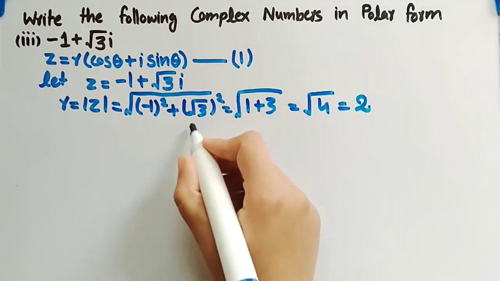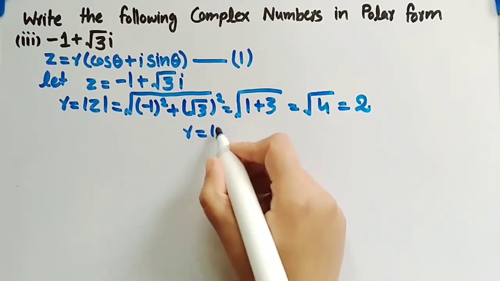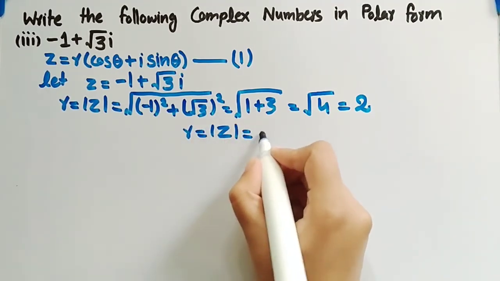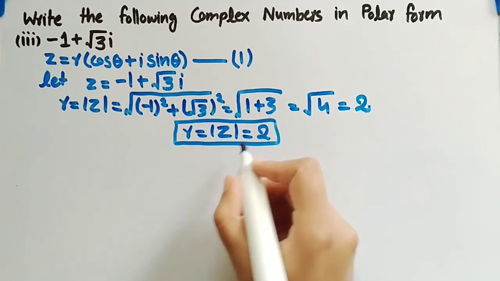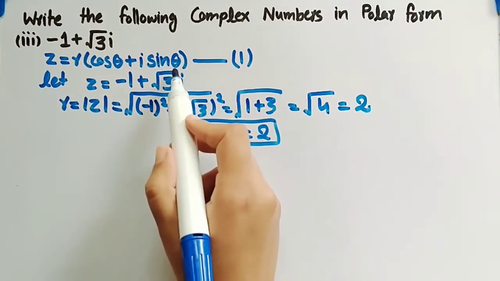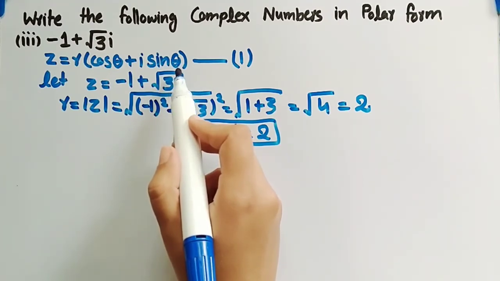So the value of r, which is equal to mod of z, is 2. Now we will find the value of theta, which is the principal argument of the complex number.